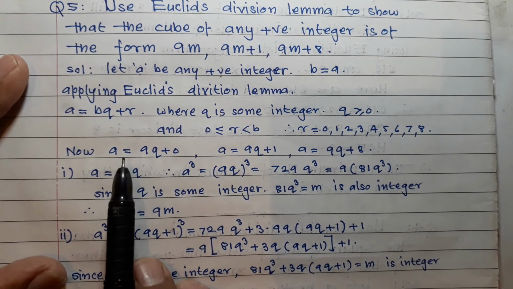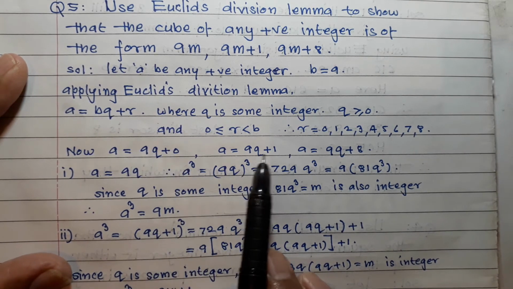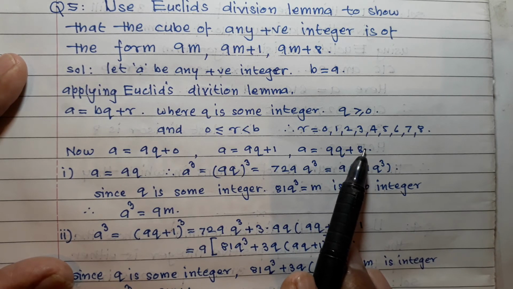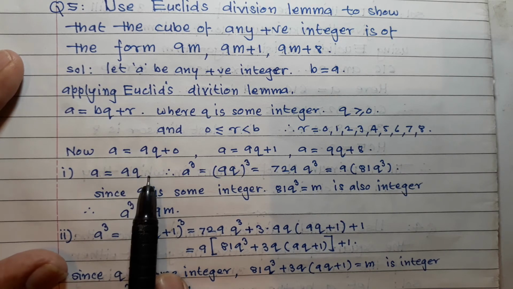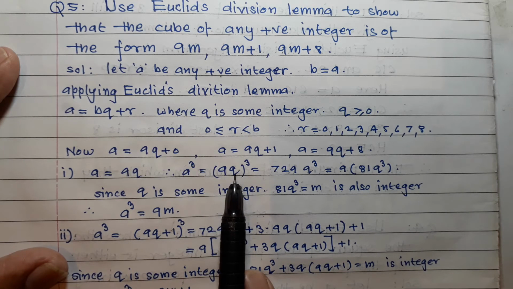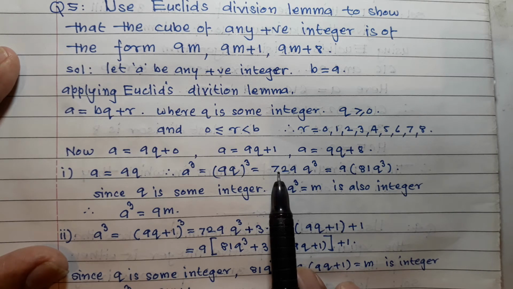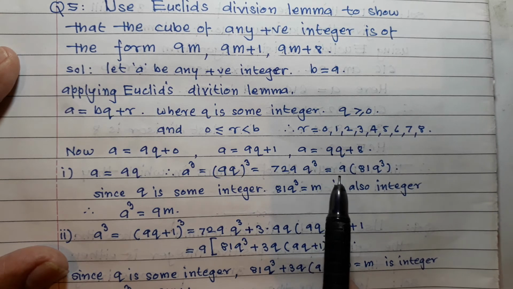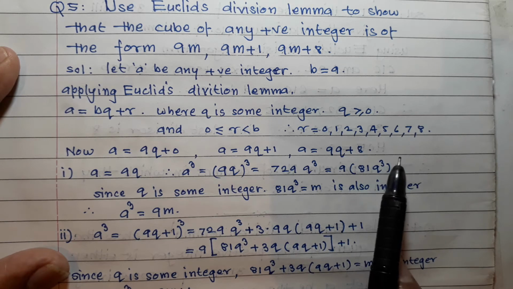And now a is equal to 9q + 0, 9q + 1, up to 9q + 8. Take the first case, a is equal to 9q, and therefore a cube is equal to 9q cube, which is equal to 729q cube, which is 9 into bracket 81q cube.